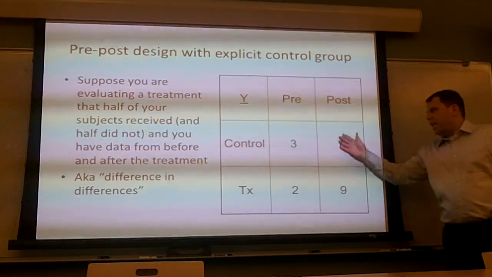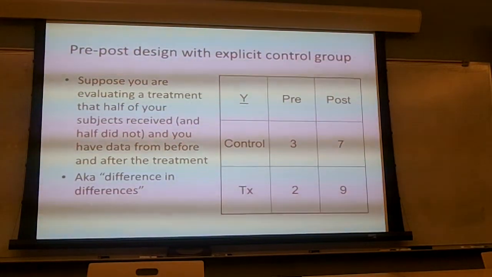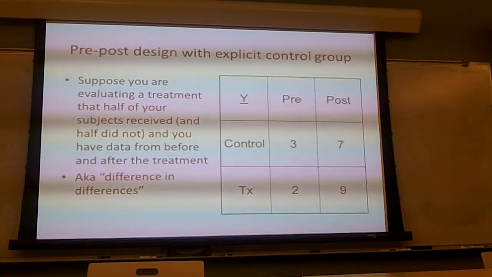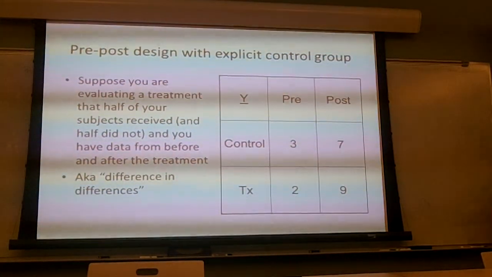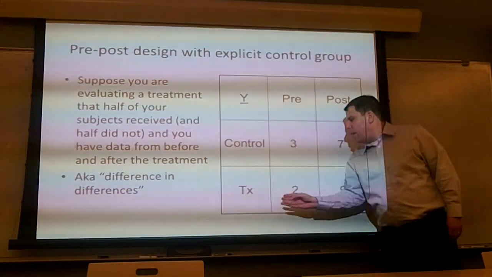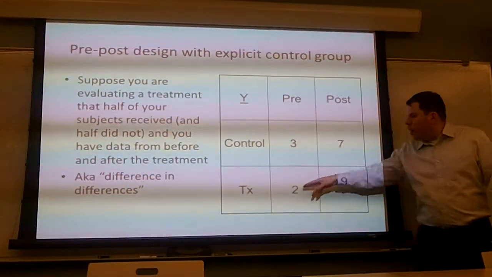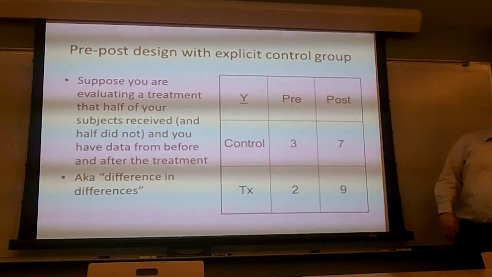If you could interpret this diagram and tell me what the average treatment effect is for the treatment, then we can go home, right? So we have a treatment group. Well, we've got observations on pre-post. So for those people who got the treatment, their outcome went from 2 to 9, a net effect of +7.